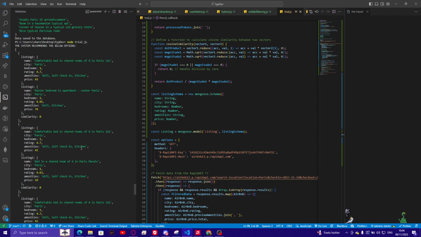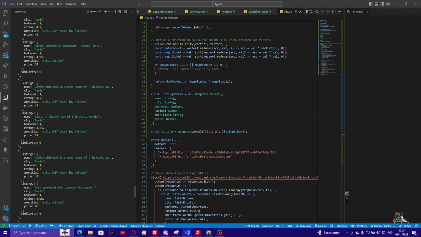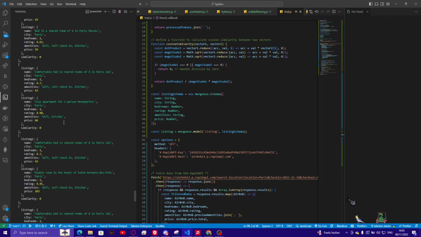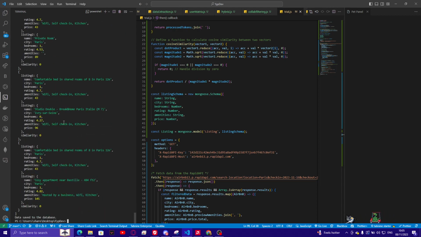So you'll see that starting from here, the system recommends the below options. It shows us all the recommendations given by the system, based on cosine similarity. These are all the recommendations.